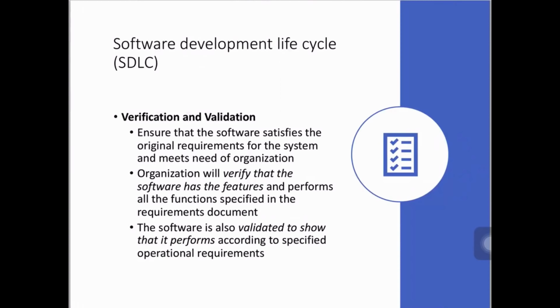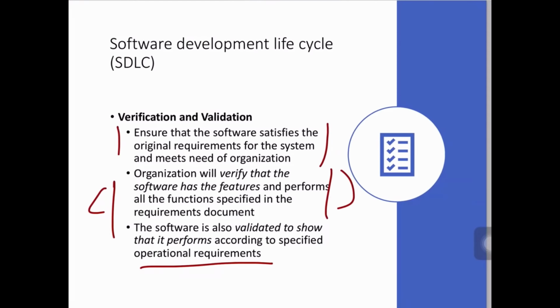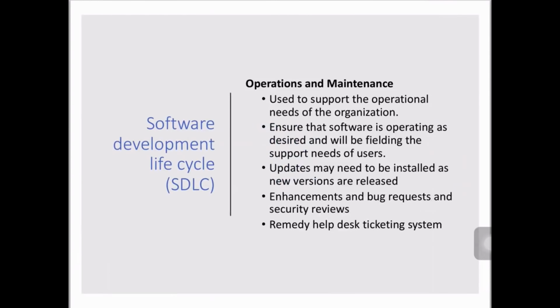If we see that there are components or additional components that are not very usable, then based on the data that we get, with the survey that we get, we keep changing the software until the users are satisfied with the process. And then operation and maintenance is considered to be the last stage when the software is deployed.